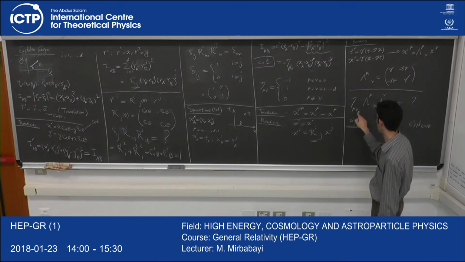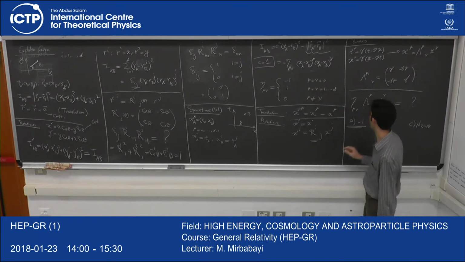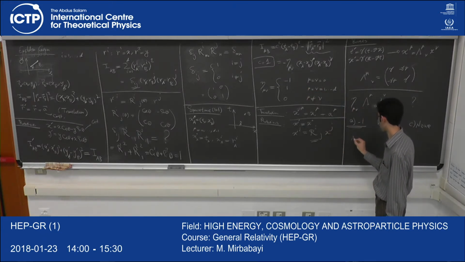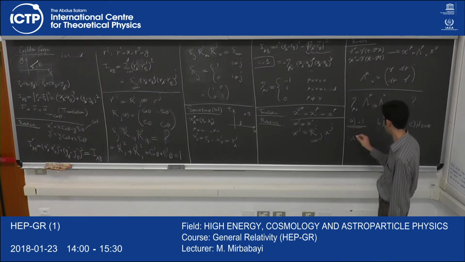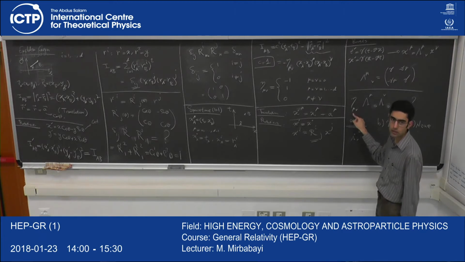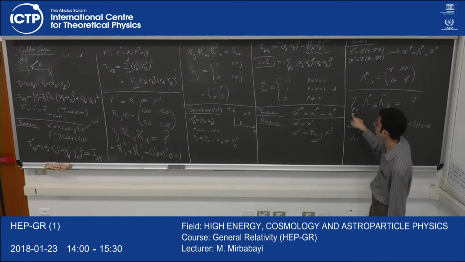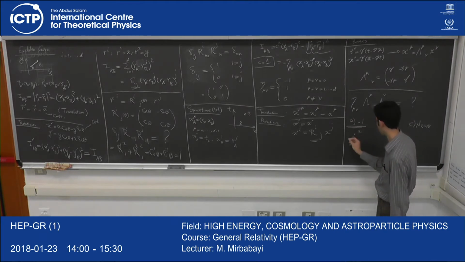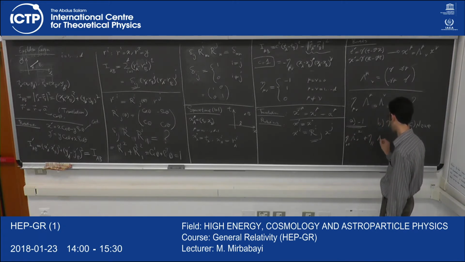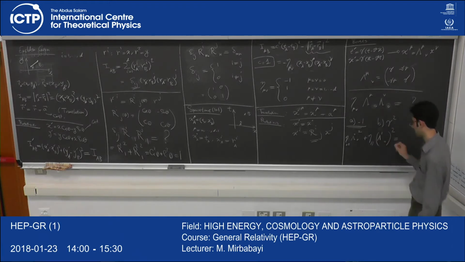If mu and nu are 0, then we get lambda 0 0 squared. And if mu and nu are 1, there will be a minus, so there will be eta 0 0 lambda 0 0 squared plus eta 1 1 lambda 1 0 squared.